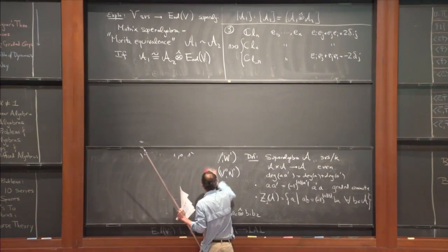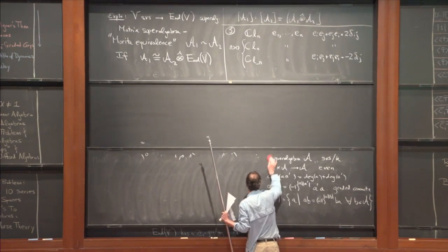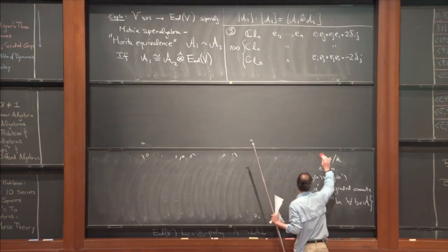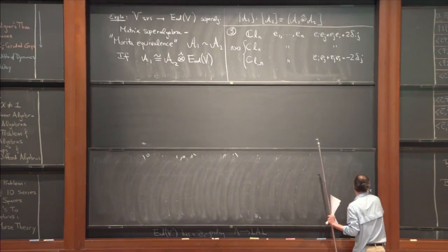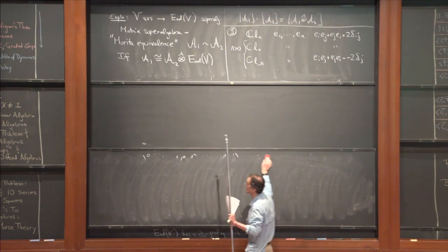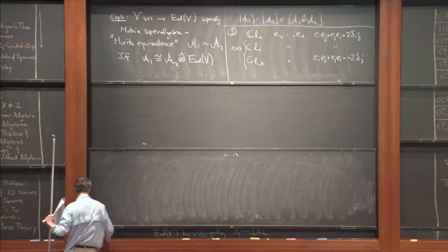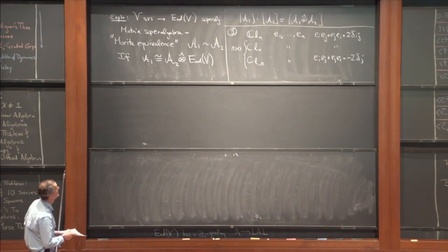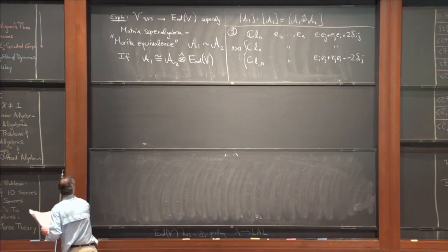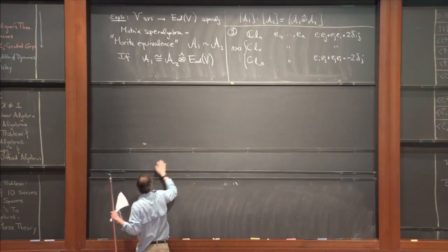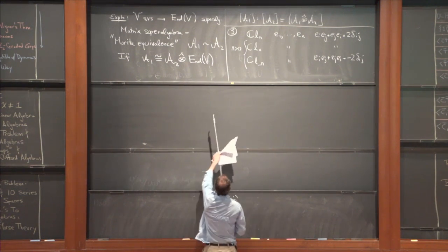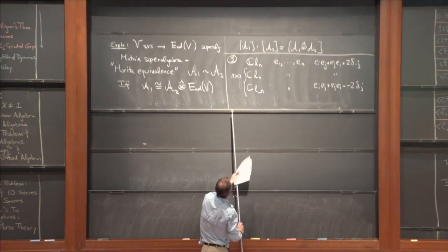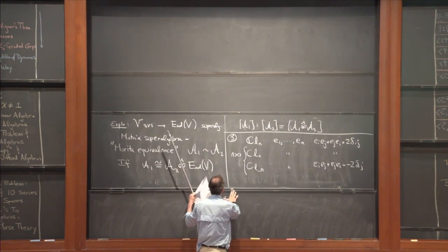All right, so as a little exercise, I invite you to calculate the super dimensions of the real and complex Clifford algebras. Anybody want to tell me the answer? Does anybody know? Let me actually write it. Here, I think I can squeeze it in.